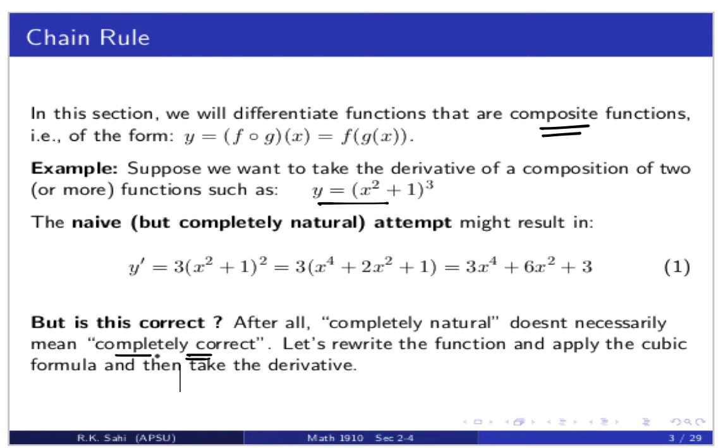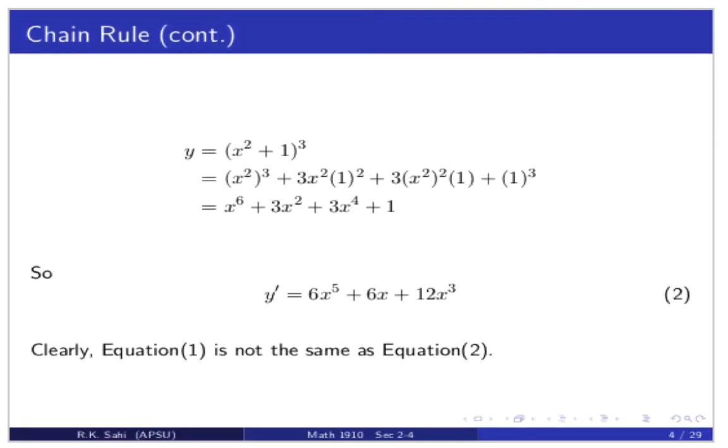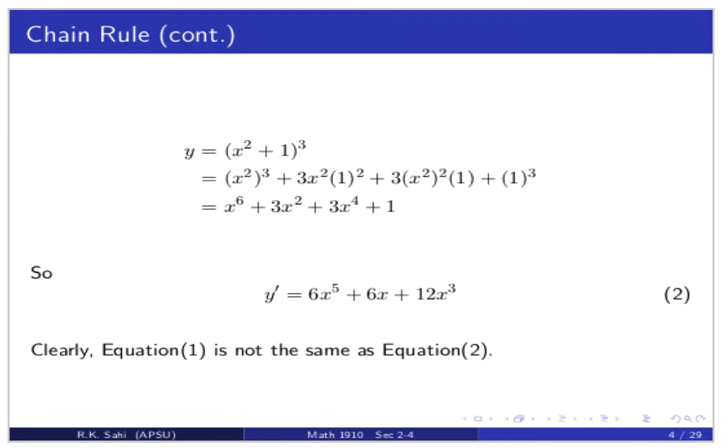Now what we're going to do is rewrite this cubic function, and then take the derivative of it. So let's do that in the next slide. Here we apply the cubic formula on x squared plus 1 cubed.